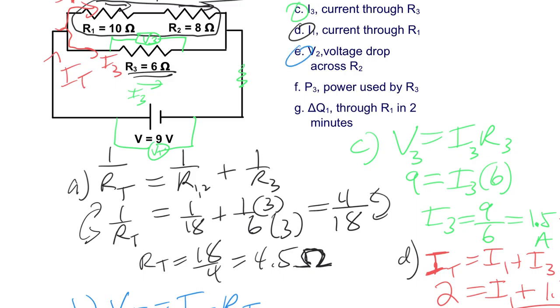Let's do letter E now. What's the voltage drop across R2? So I'm going to put a voltmeter right over R2. And that's what I'm looking for, V2.